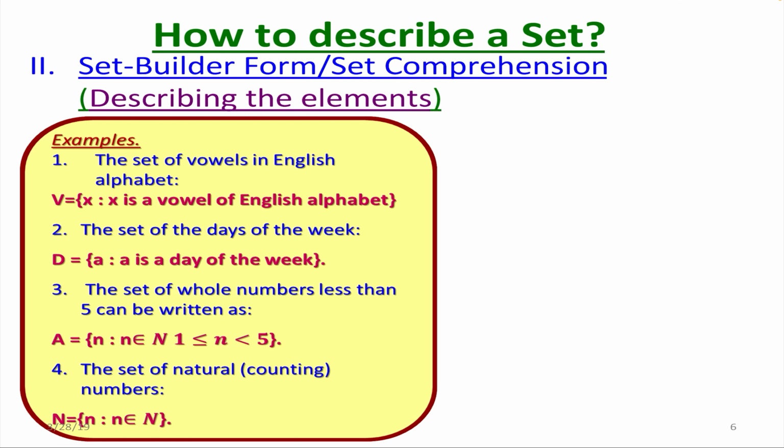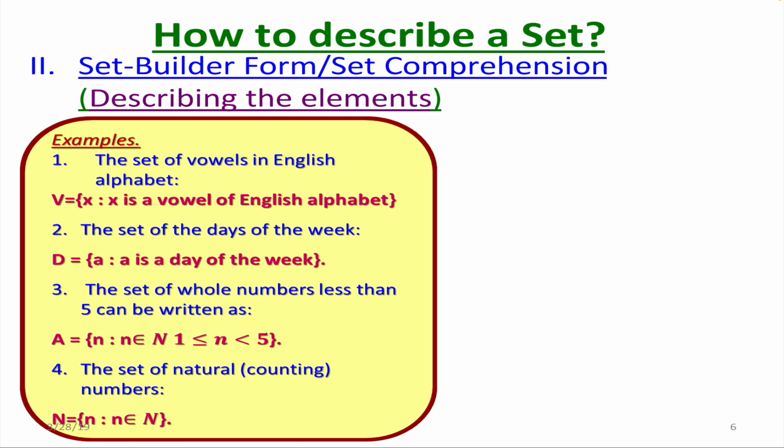The second example, the set of days of the week, so D equals all elements a such that a is a day of the week. The next one, the set of whole numbers less than 5, can also be written as A equals n such that n belongs to N and n is less than 5 but greater than or equal to 1.